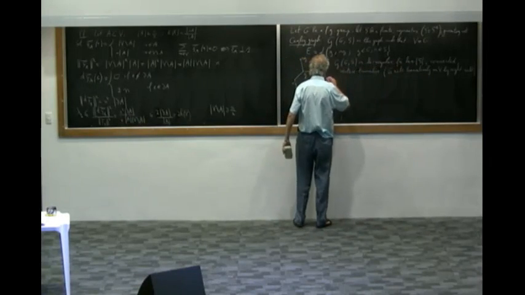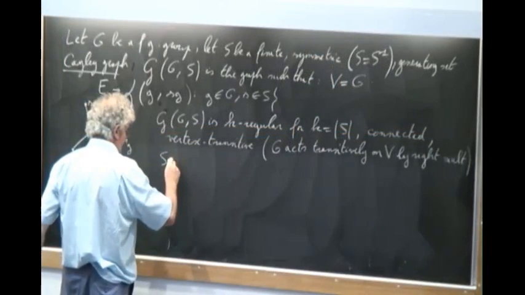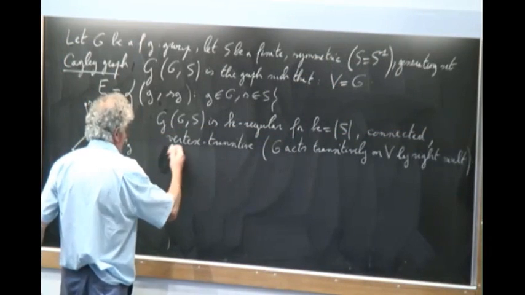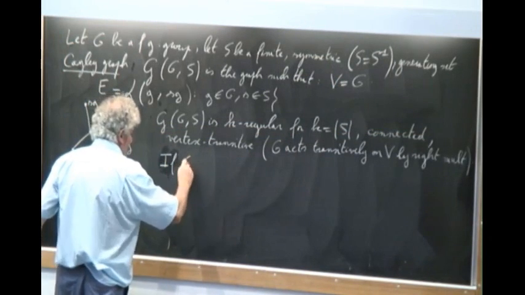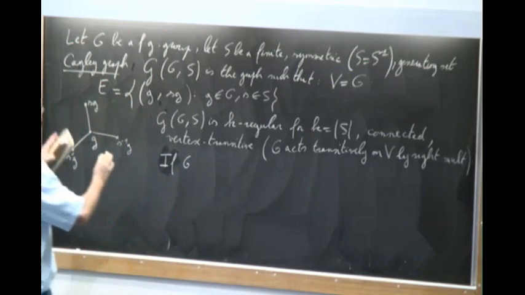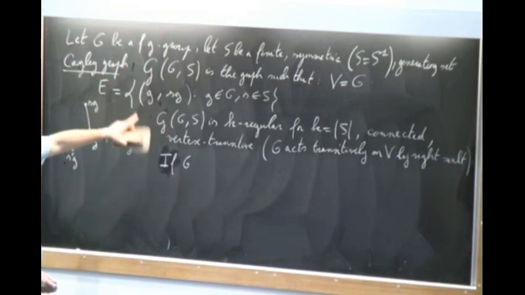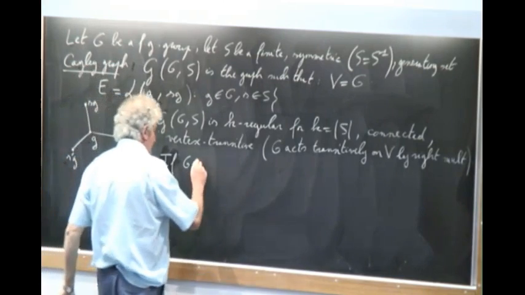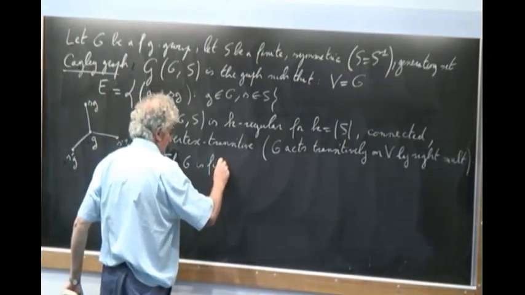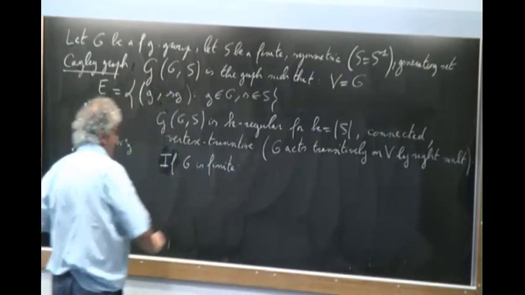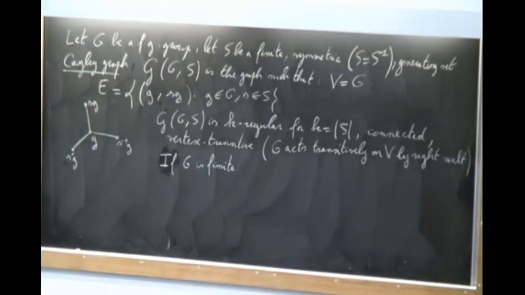So, so far I'm assuming that G is finitely generated. It doesn't need to be finite. But if moreover G is finite, what is the Laplace operator?